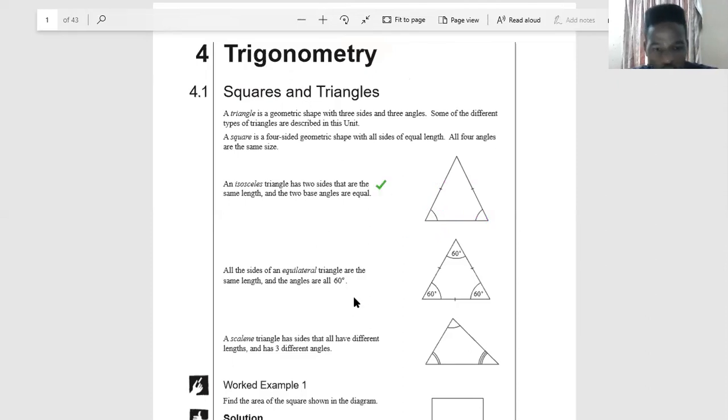Then triangle number two is the equilateral. Don't confuse that with the quadrilateral I just told you. It's equilateral, from the word equal. Think of equal, guys. So equal sides, equal angles. It has equal angles.